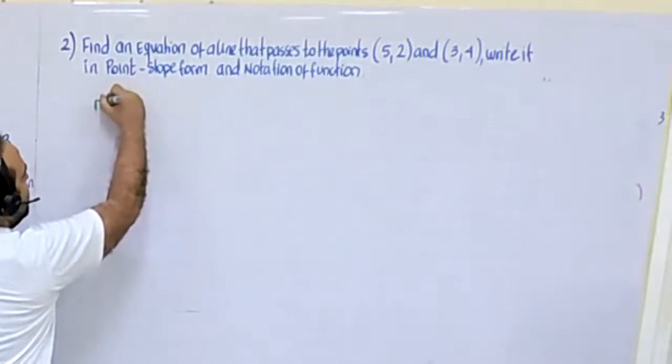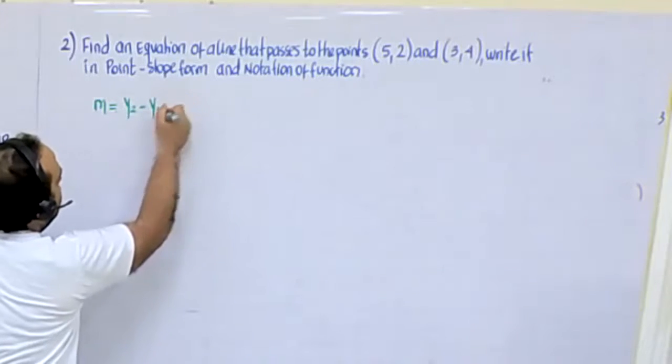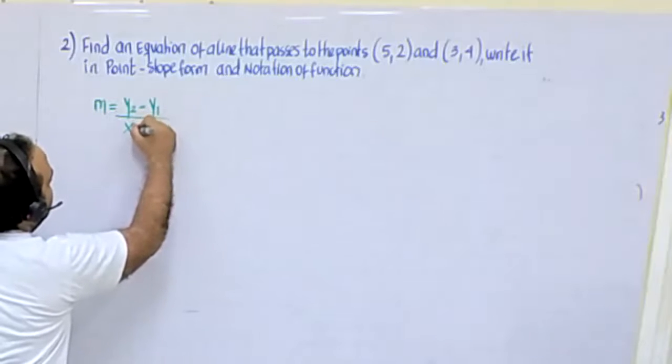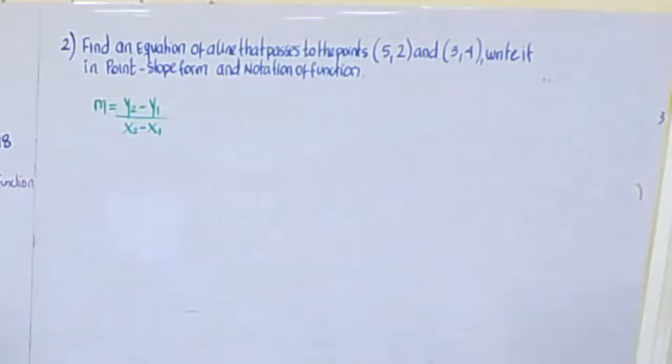Well, remember, m equals y2 minus y1 over x2 minus x1. This formula will be useful to calculate the slope of the line. Remember, 5 and 3 represent the values of x1 and x2. And the numbers 2 and 4 represent the values of y1 and y2.